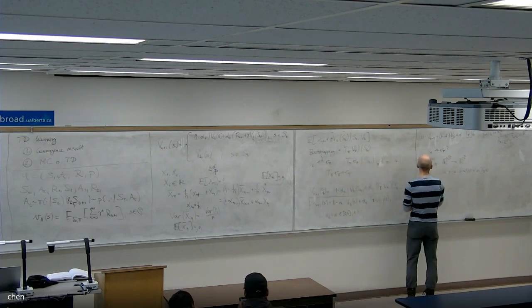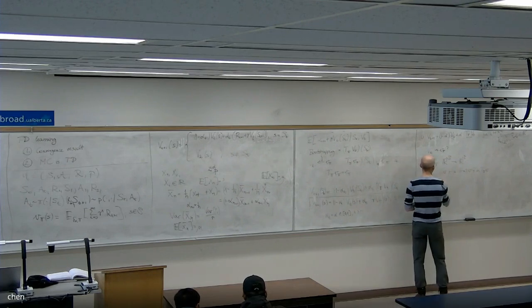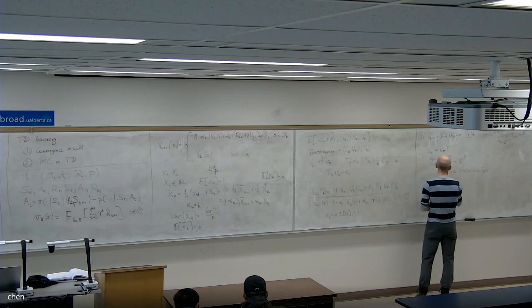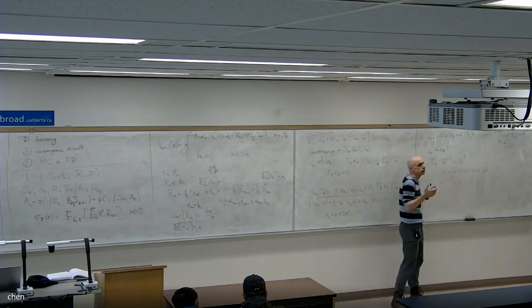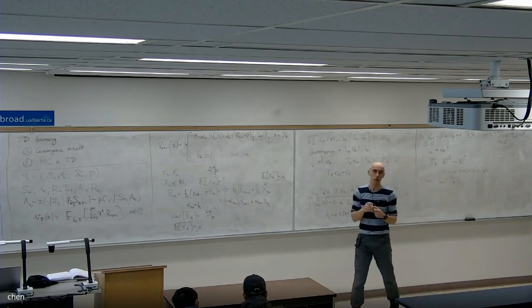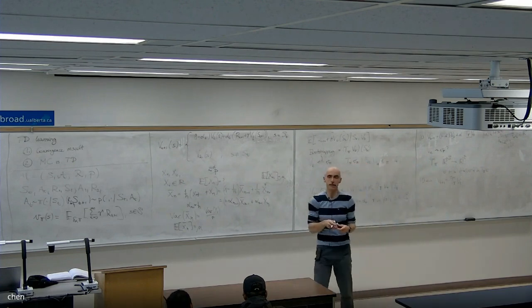If I define this operator, then this update here becomes equivalent to just writing that Vt plus 1 is equal to T tilde pi applied to Vt, because of the way I defined the operator, and now it looks like a fixed point iteration.